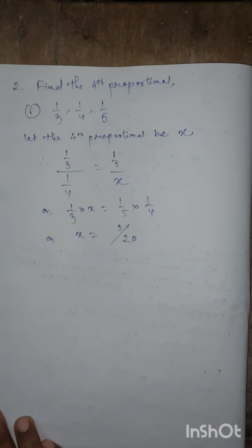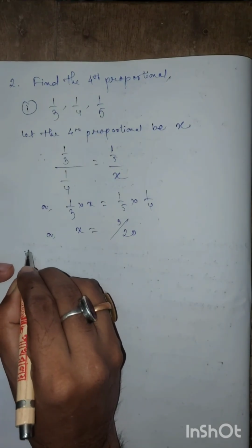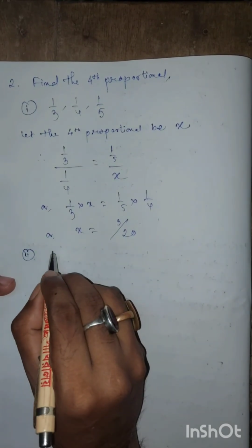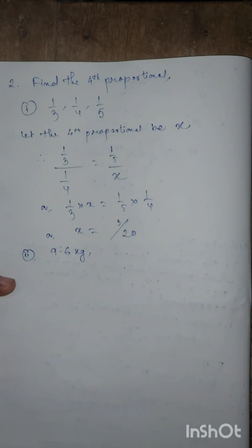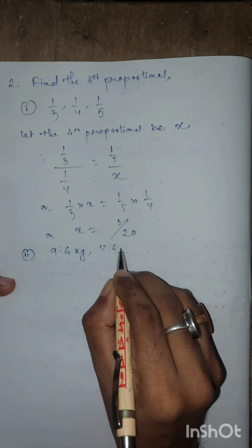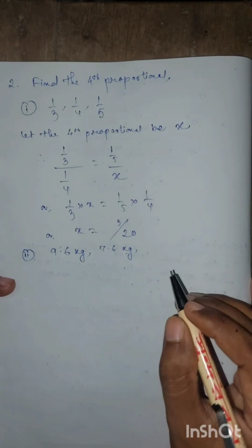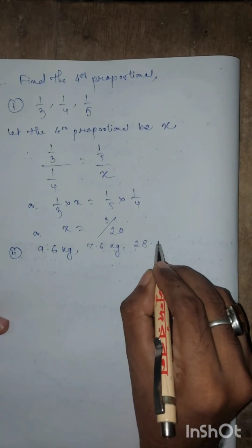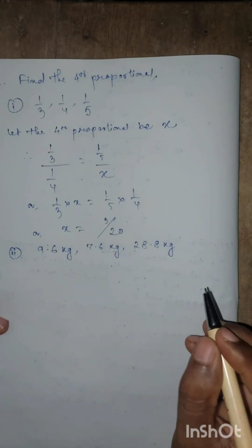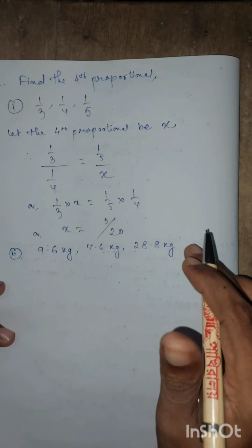Now question number 2, Roman 2. 9.6 kg, 7.6 kg, 28.8 kg, and we do not know the fourth proportional.